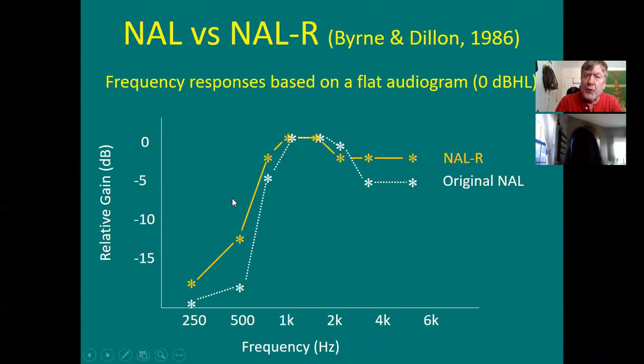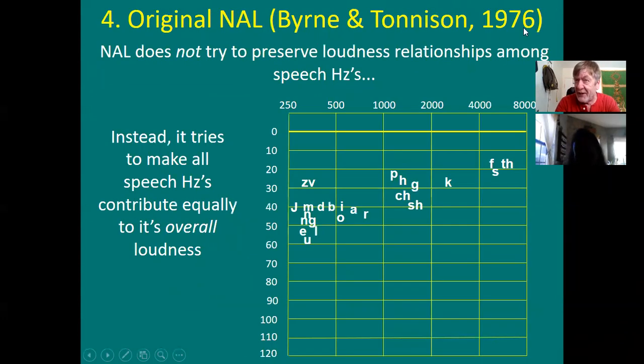Now the yellow and the white, the original NAL said, this is how much we need to reduce the lows, and this is how much we need to reduce the very, very highs of the speech banana to make all speech sounds equally loud.